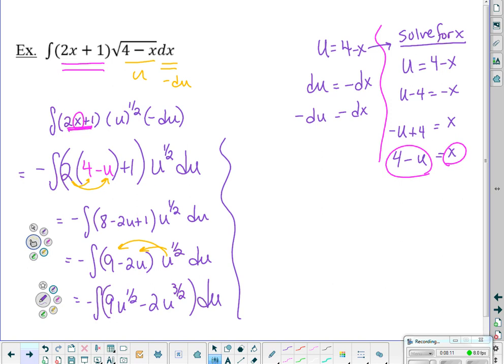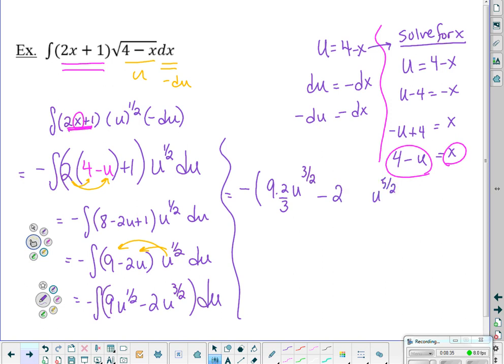So I think I'm in the stage of actually integrating. But I can't forget I've got that negative out front. So integration is going to be 9u, add a power that gets us up to a 3/2. Divide by 3/2, of course, multiplying that by 2/3 is the same operation. 2u, up a power, that's going to take me to 5/2.